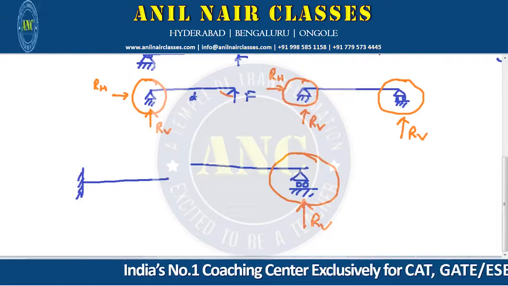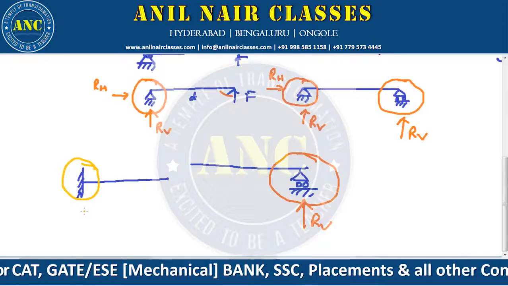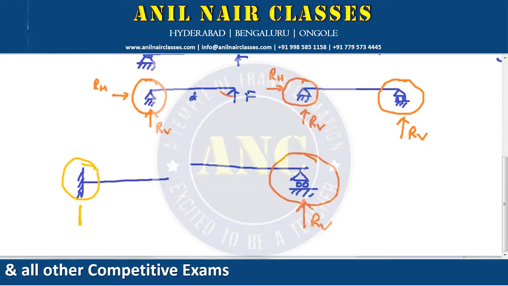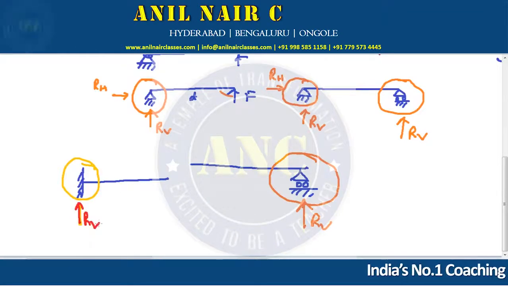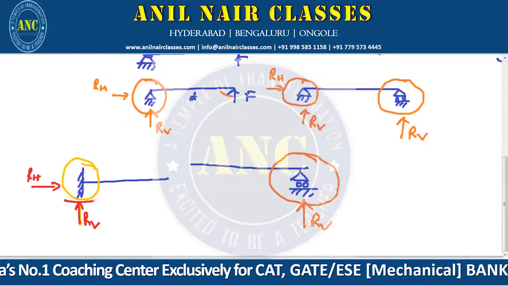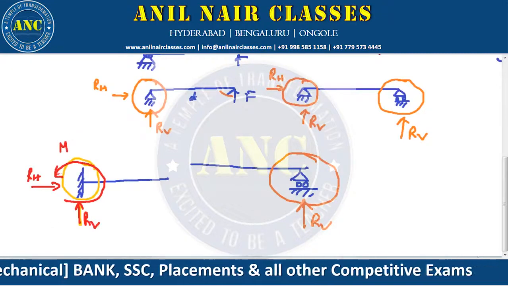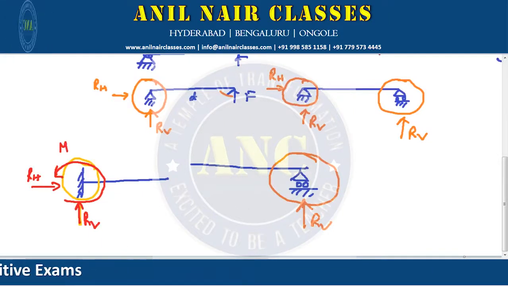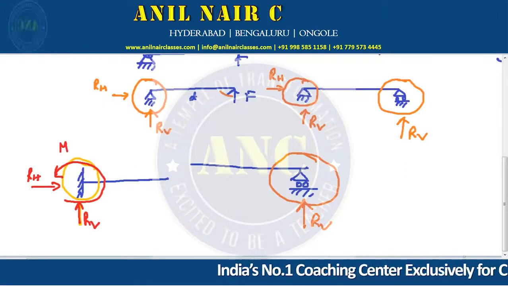If I want to replace this fixed part in terms of reactions, there will be one reaction force in the vertical direction, one horizontal force, as well as one moment. So what we understood is, when we replace a fixed end, it gets converted to three reactions: vertical, horizontal, as well as one additional moment.